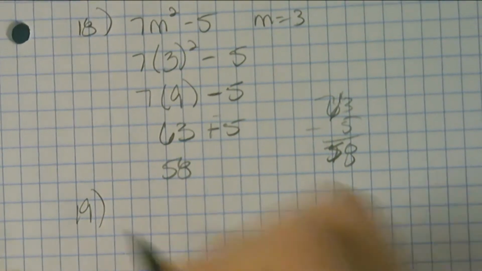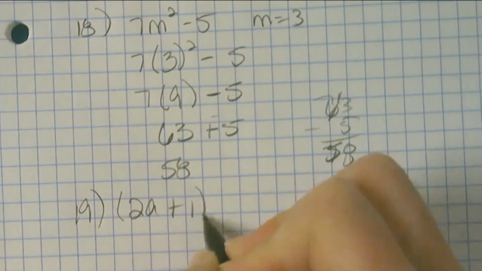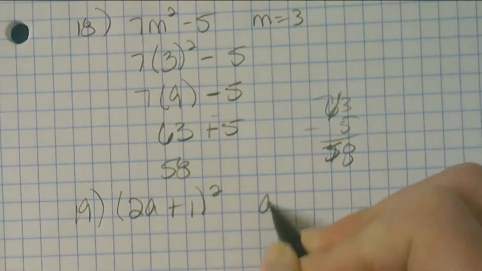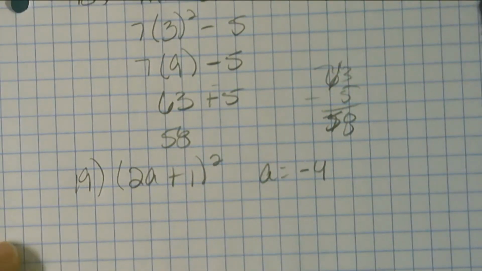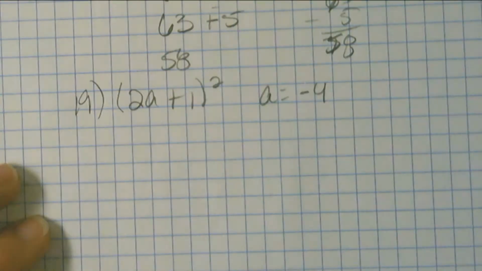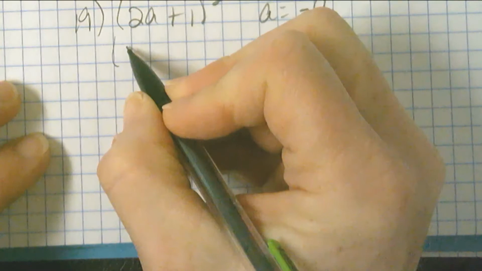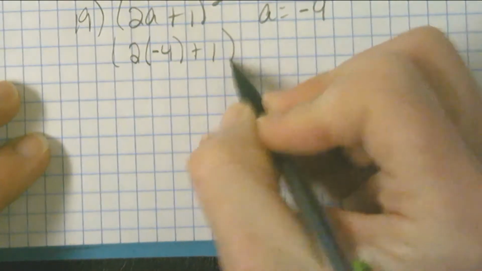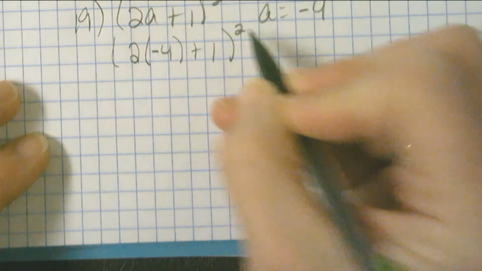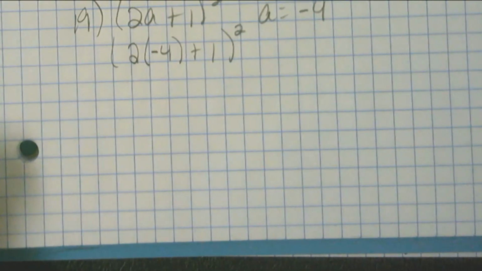So 19 was the quantity of 2a plus 1, all squared, when a is equal to negative 4. What do I do? Mateo? So you substitute the a with negative 4 and then rewrite it in parentheses: 2 times negative 4 plus 1, all to the second.